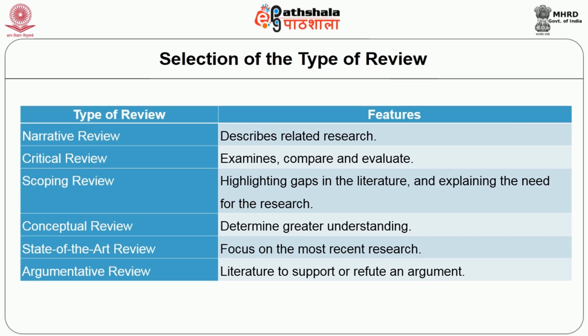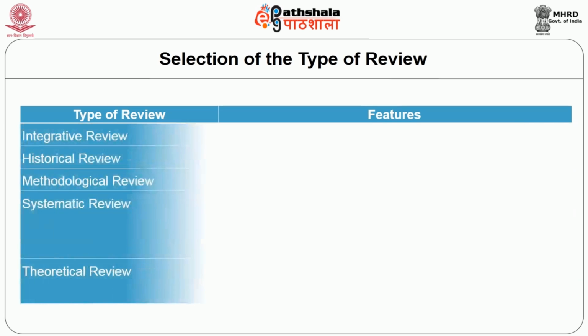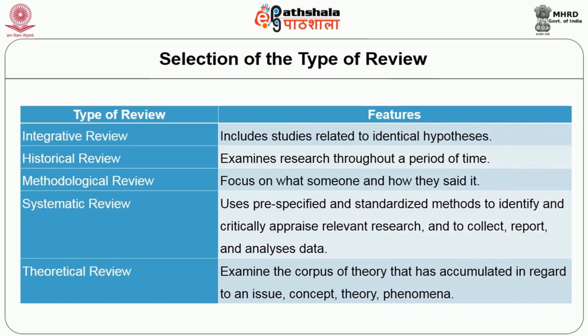The next one is state of the art review, which focuses upon the recent researches. The next one is argumental review, wherein the literature to be supported is refused or argued upon. The next one is integrative review, which includes studies related to identified hypotheses.